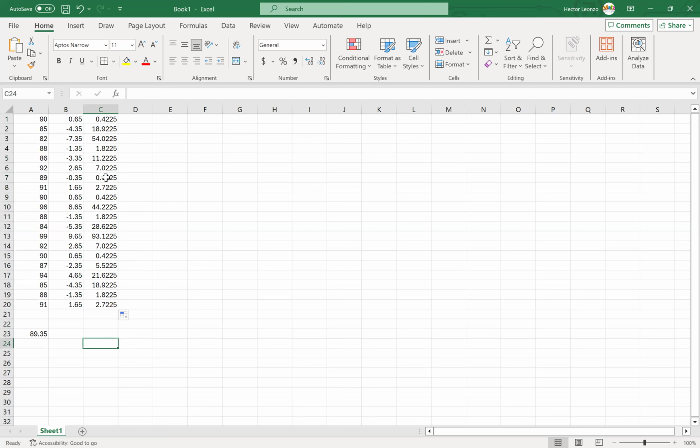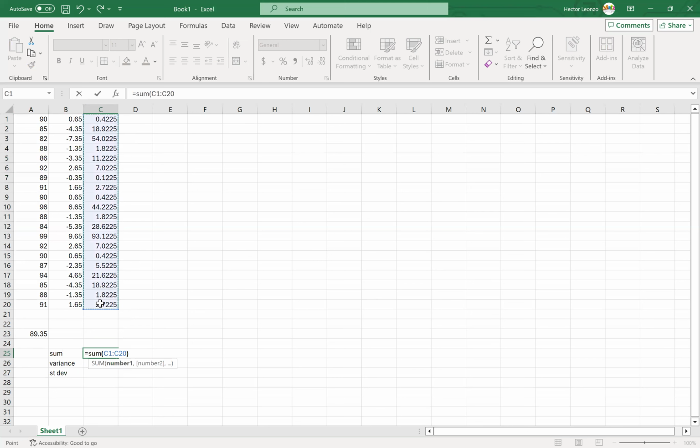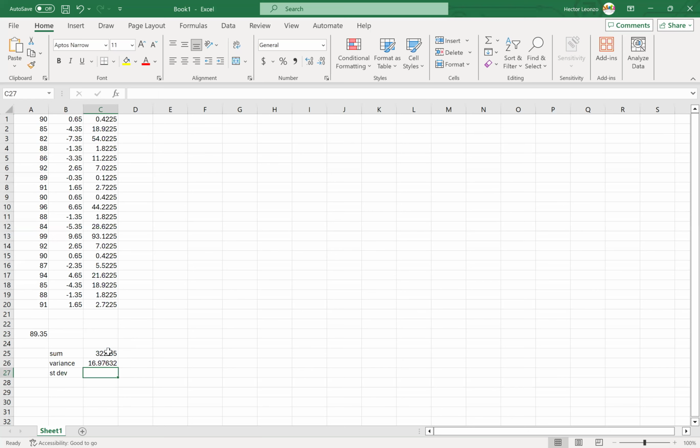Good. So I need to do the sum, variance, and standard deviation. So I'm just going to add them all. My variance is going to be this number divided by 19. There's 20 numbers, right? But it's a sample. So there's 20 numbers, so I divide by one less. Okay, so I divide this by 19. My variance is 16.97632.